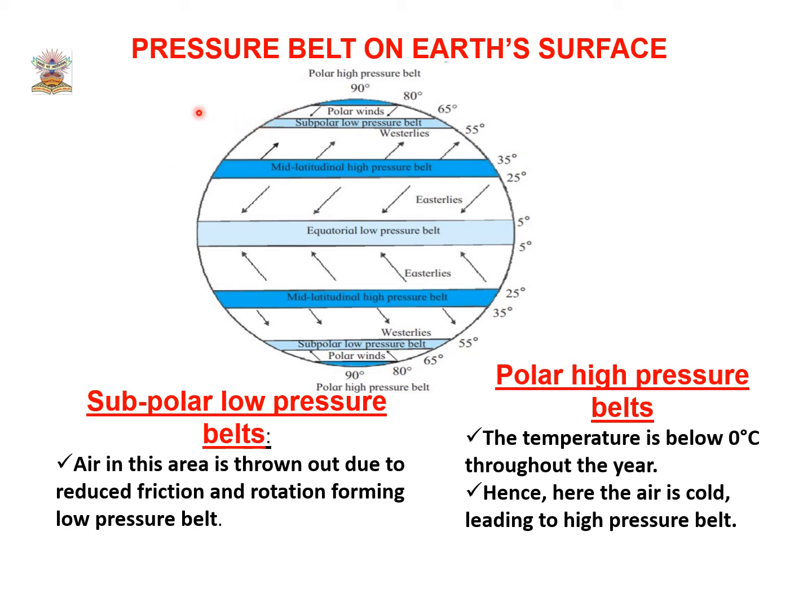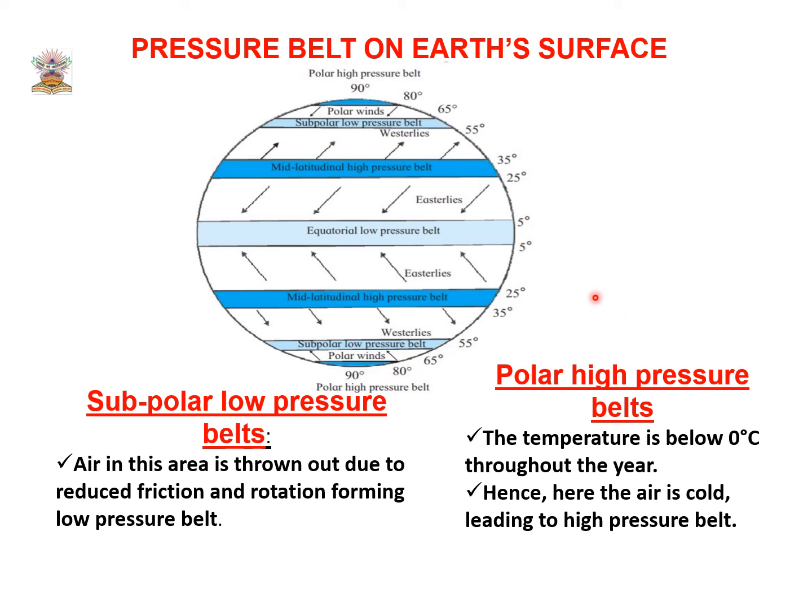Yes, so this results in lesser friction of the air with the earth's surface, and air in this region is thrown out. Okay, and when it is thrown out, this leads to a low pressure belt in this region between 55 degrees to 65 degrees in both the hemispheres, northern and southern hemisphere.